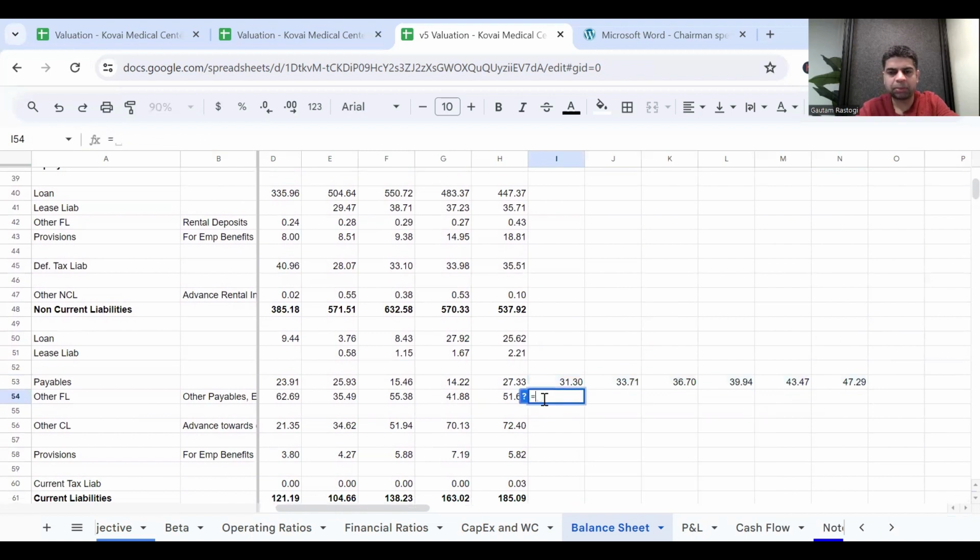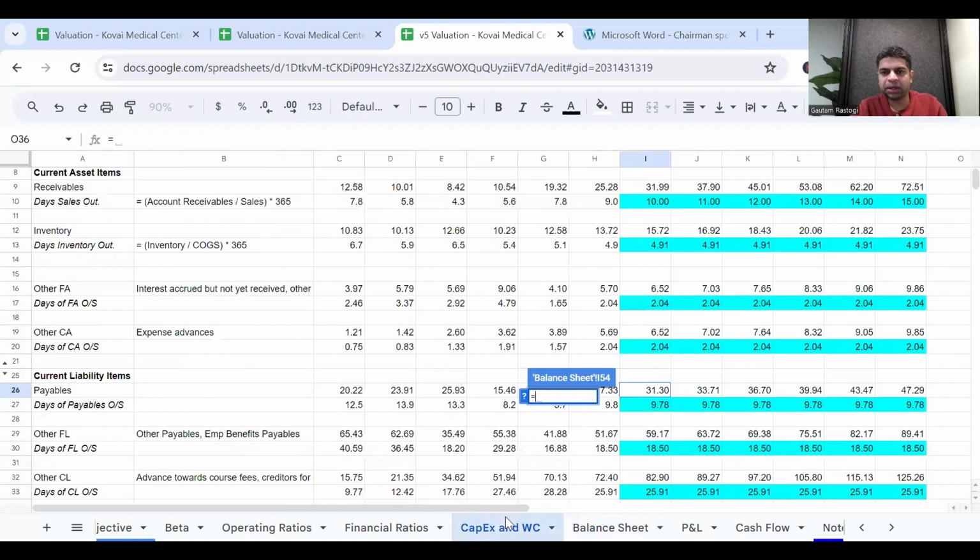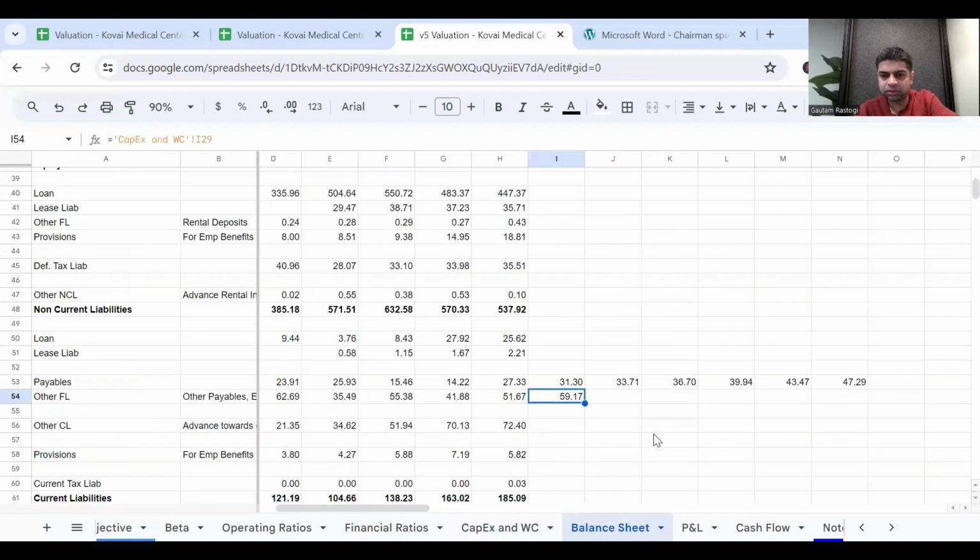Now let's pull the FL. I'm just pulling my working capital line items, which I just estimated, into this balance sheet. Other FL, I have this. Other CL.